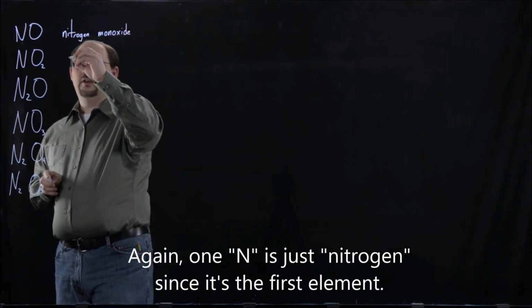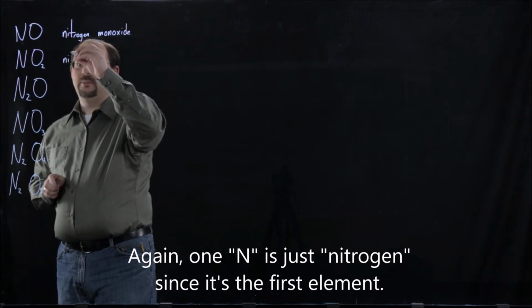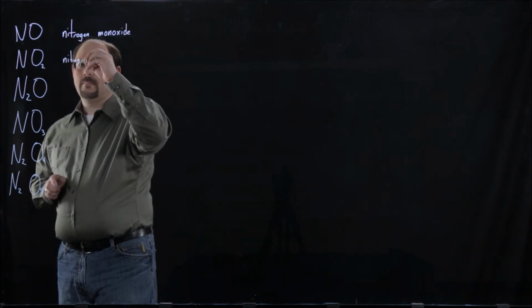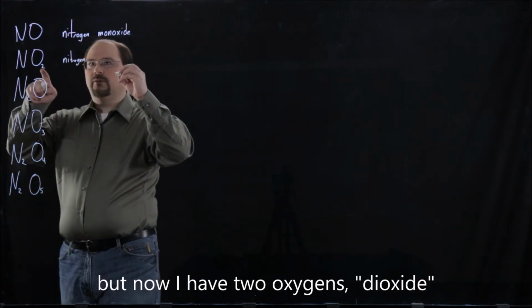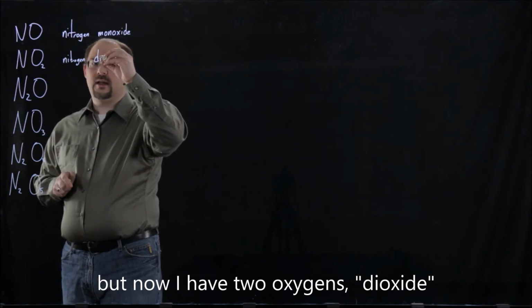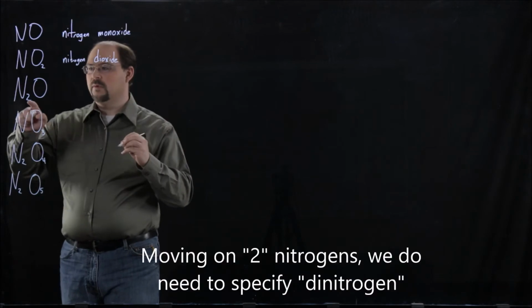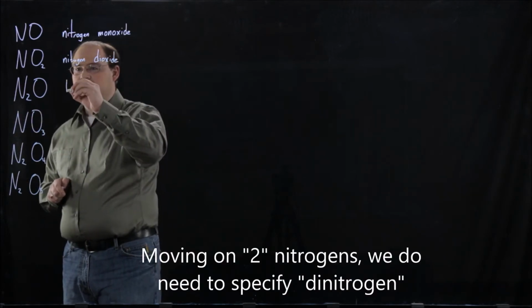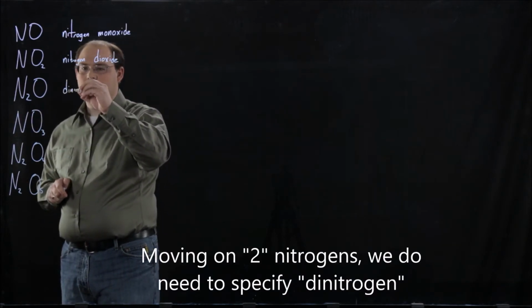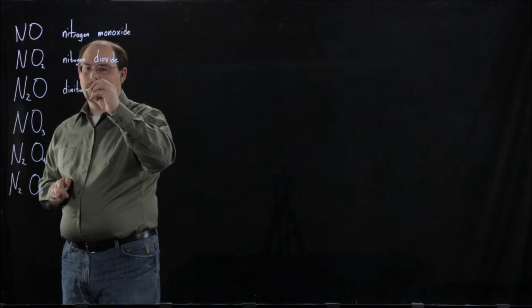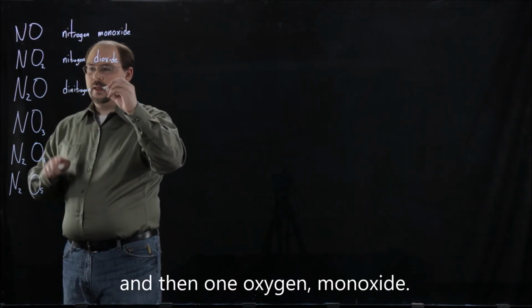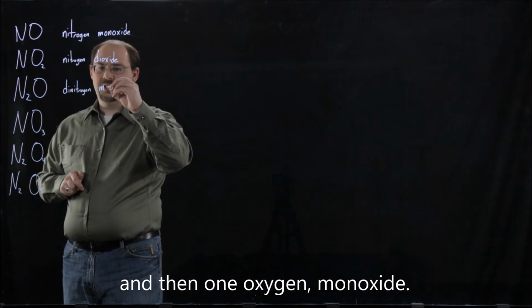Again, one N is just nitrogen since it's the first element. But now I have 2 oxygens, dioxide. Moving on, 2 nitrogens, we do need to specify dinitrogen. And then 1 oxygen, monoxide.